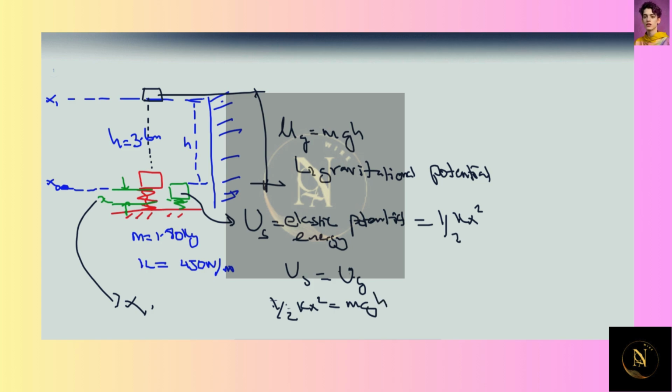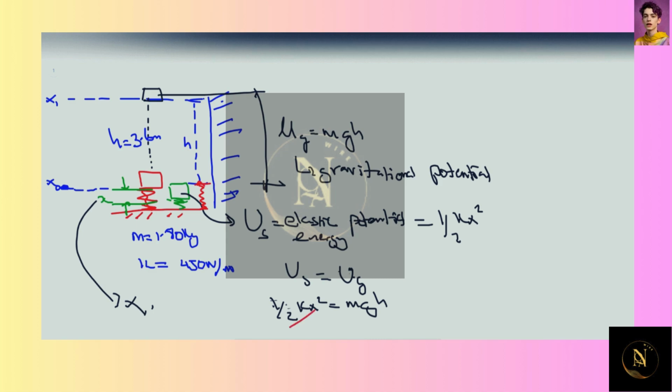Another thing that we're getting from the problem is that the brick loses contact with the spring, and when it loses contact, it's going to go back to its original uncompressed length, like that.